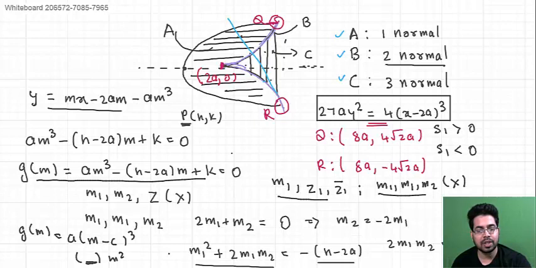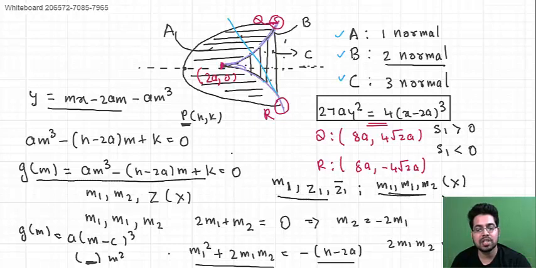This is not going to be 0, but here the coefficient of m square is 0. That means this case has been ruled out. So we have only one possibility, that this cubic is going to have one real root and two imaginary roots.